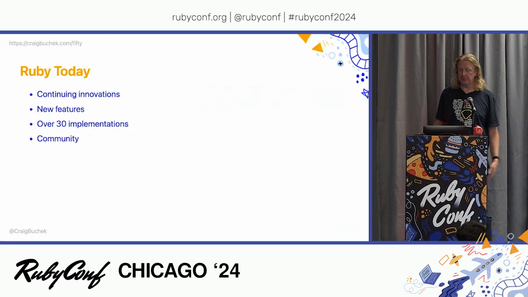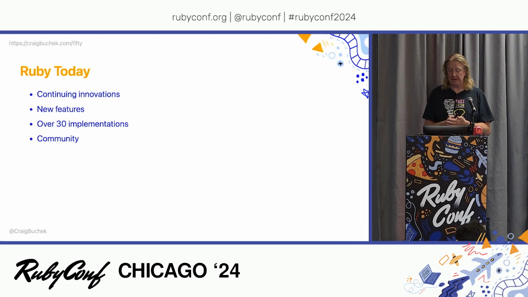So where are we at in Ruby today? Ruby's still innovating incrementally. It gets new features, new implementations, new libraries. Features are added faster than most of us can keep up with them. There's over 30 implementations of Ruby, I was surprised to find out. Not all still in working function.